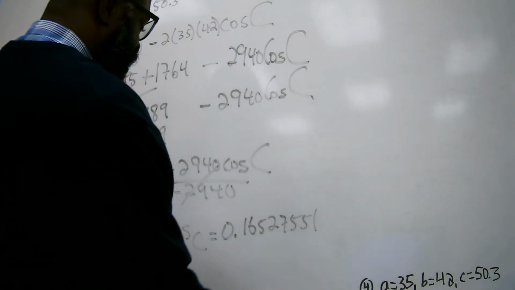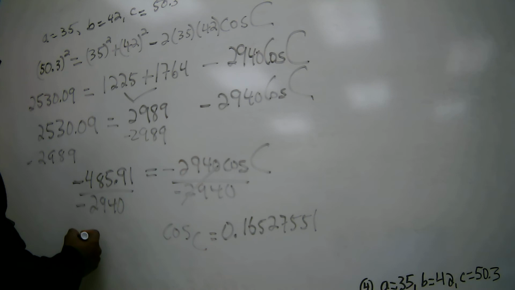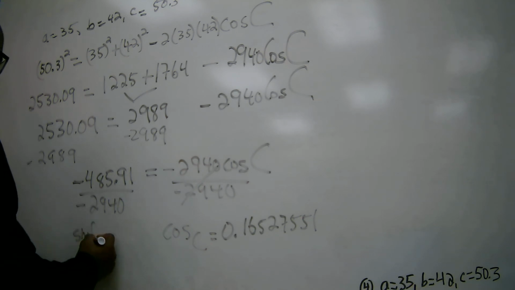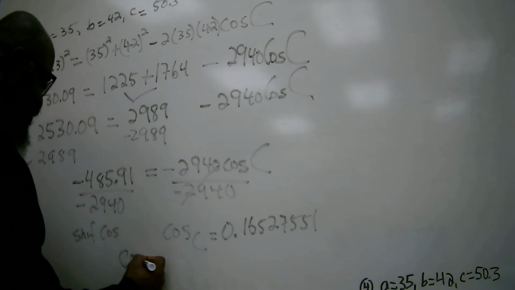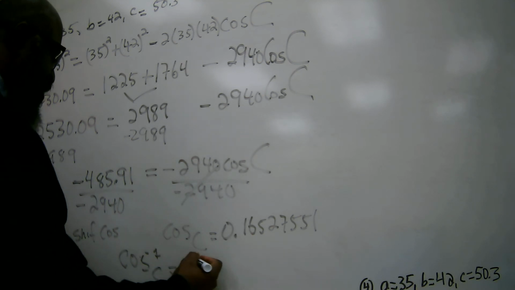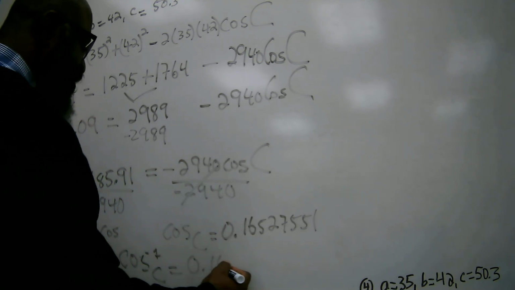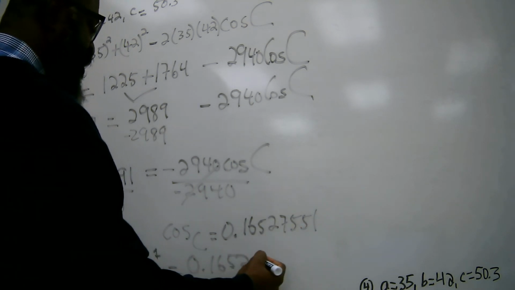Then to find the angle, I'm going to do inverse cosine. I'm going to press shift, and cosine is going to change it to inverse cosine for me. Since I'm looking for an angle, I'm going to enter this into the calculator as is. It's already in my calculator. For showing purposes, I'm just doing that.